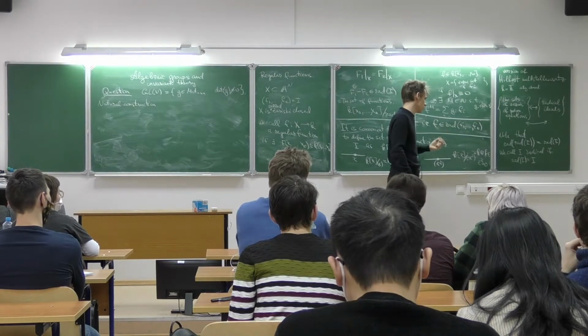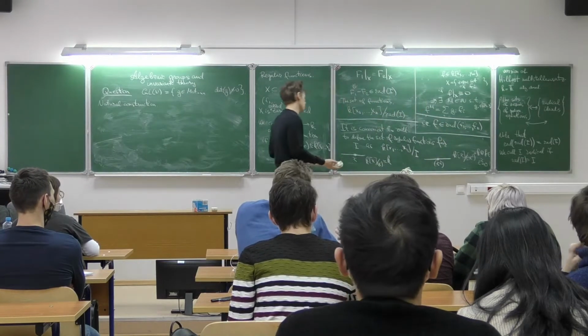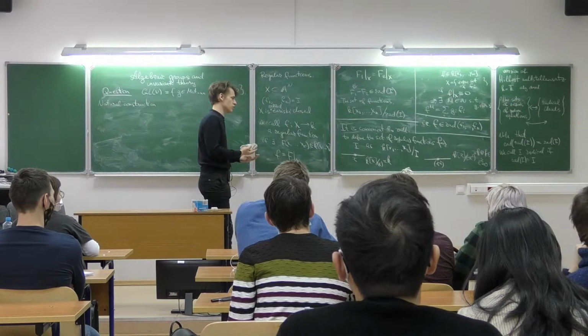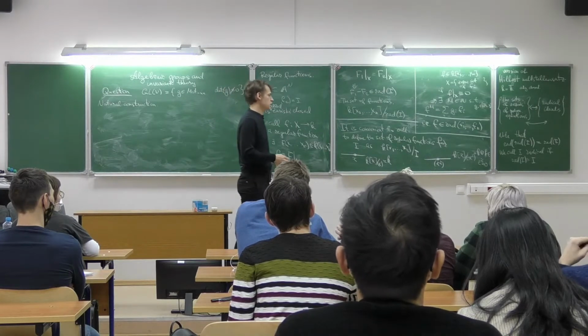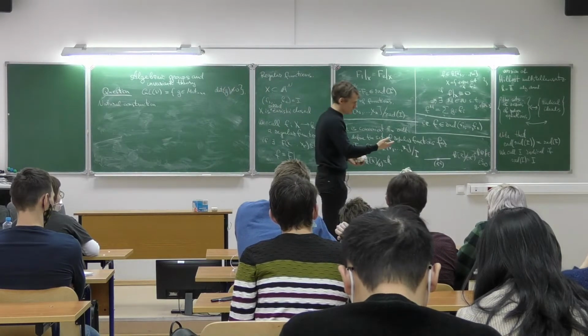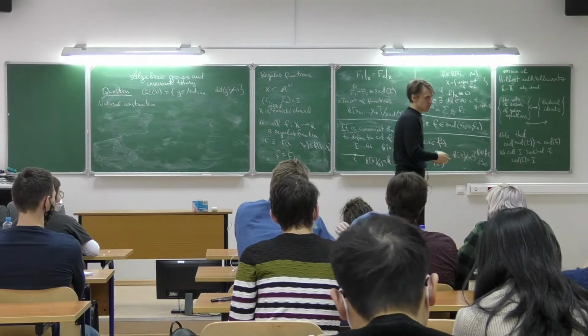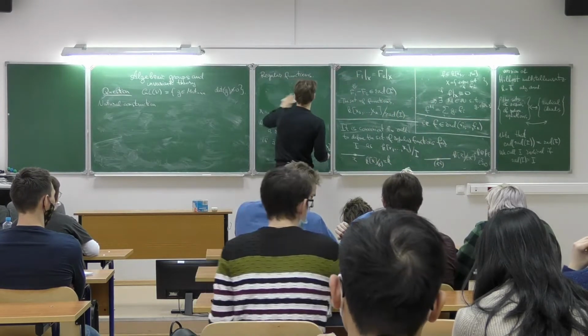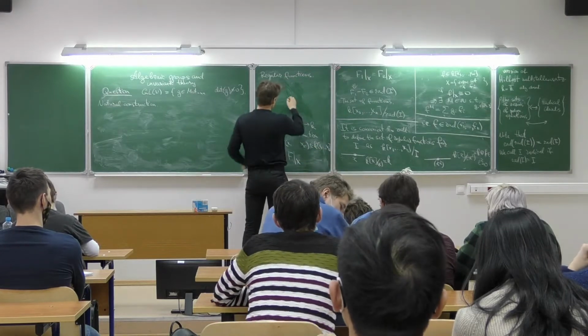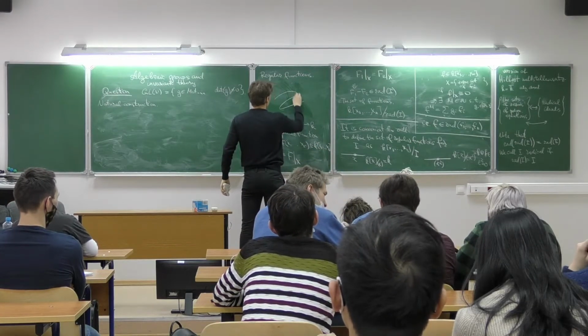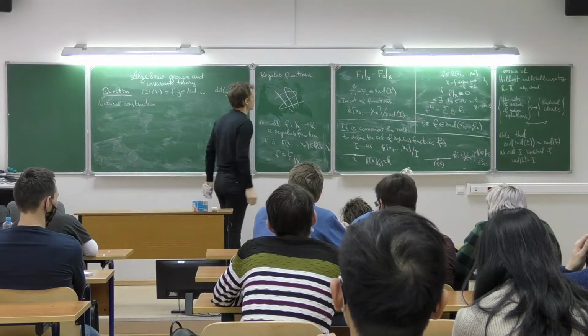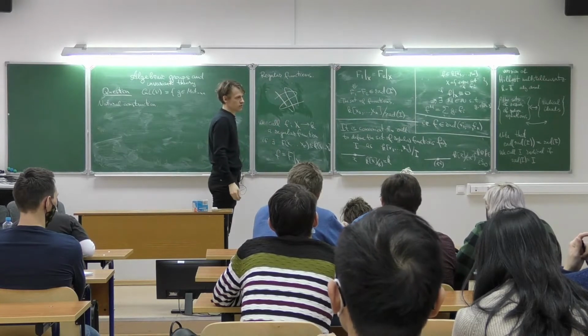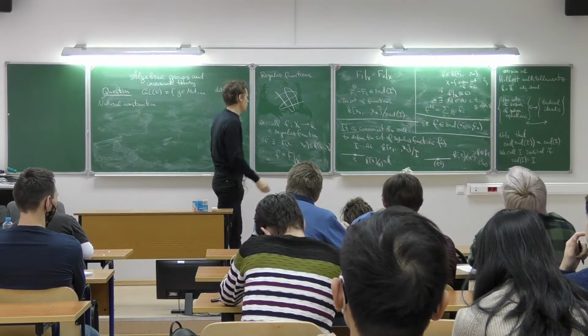For example, you want to make an intersection of two algebraic varieties, and you want to calculate the number of intersection points. So for example, you have two curves, you want to calculate the number of intersection points.